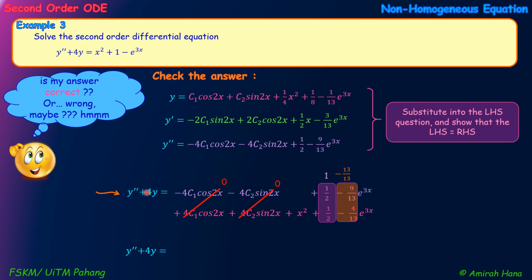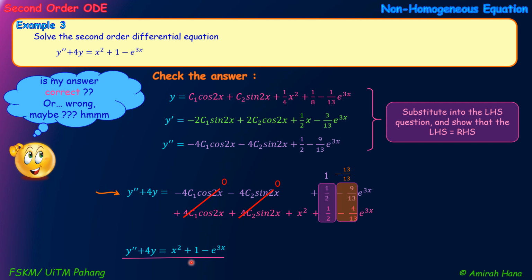So after we simplify, we get y double prime plus 4y equals, this is 0, this is also 0. And then we have x squared, plus this is 1, and then negative 13 over 13 is negative 1, and then e to the power of 3x. Okay, then we double check.